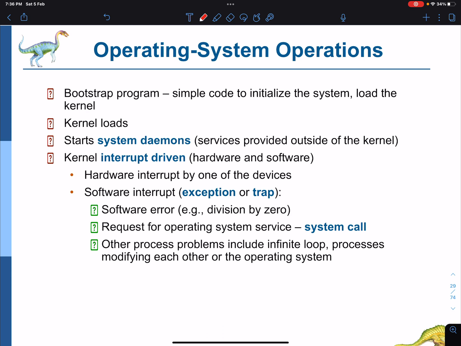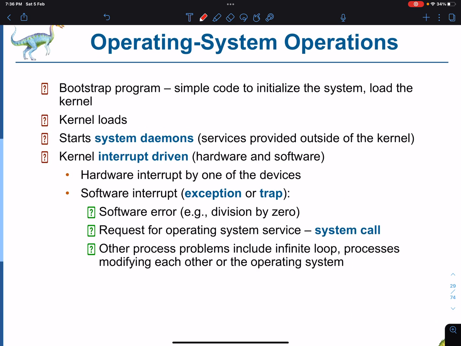Operating system operations. First, you have the Bootstrap program, as you can see here. We talked about it. It's simple code that is stored in a ROM, basically, that initializes the operating system.